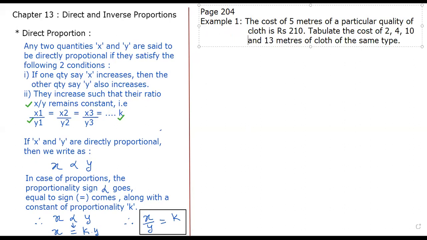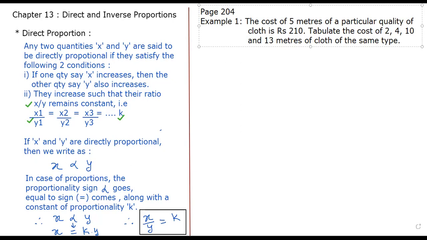Okay? Now all of you pay attention. As the length of the cloth increases, will its cost also increase or decrease? Increase. Means length is increased, cost is increased. Both the quantities are increasing.